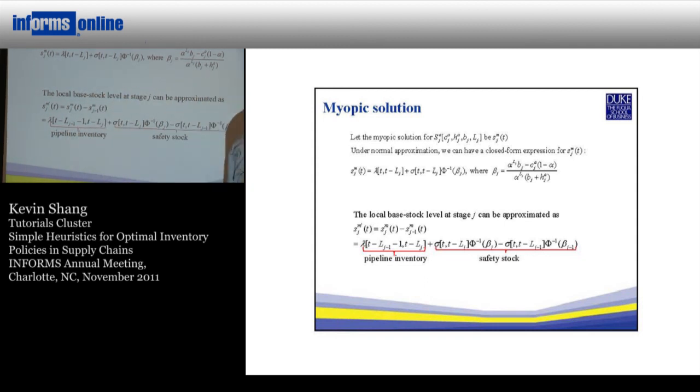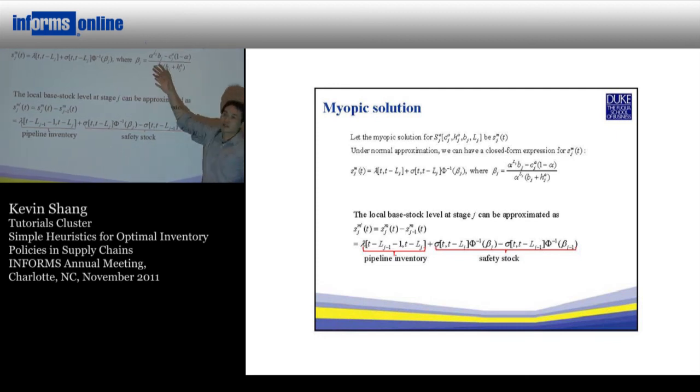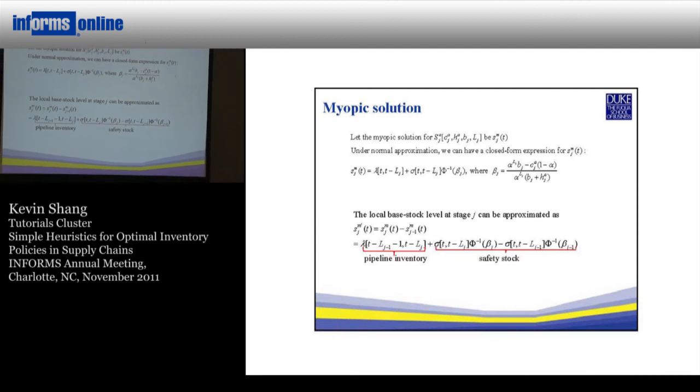In the papers, we also generate some insights from the myopic solution. But once you get to the single-stage results, we can use the myopic solution to tell many stories to managers.